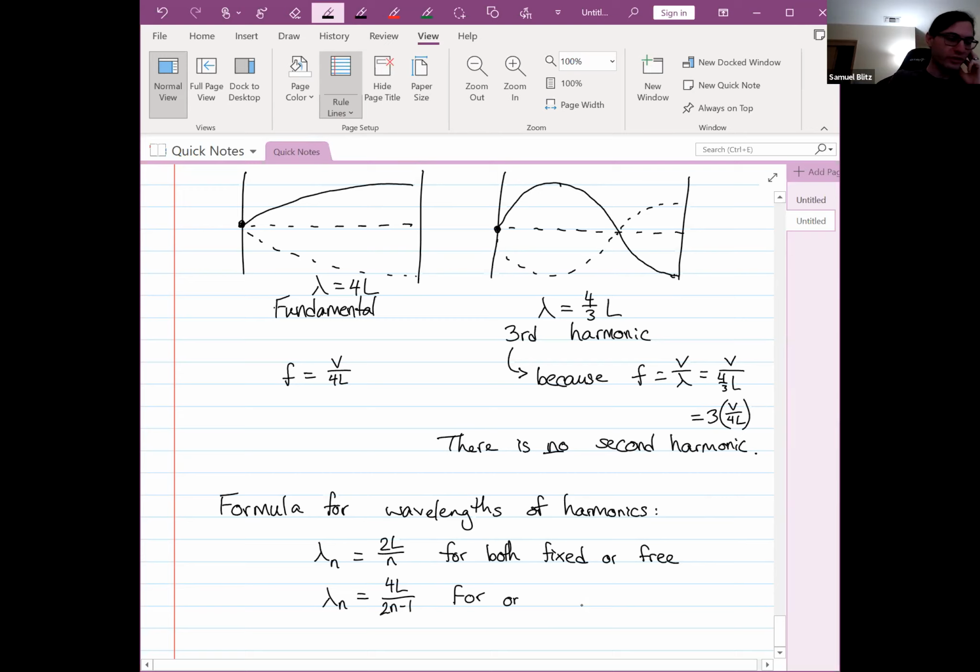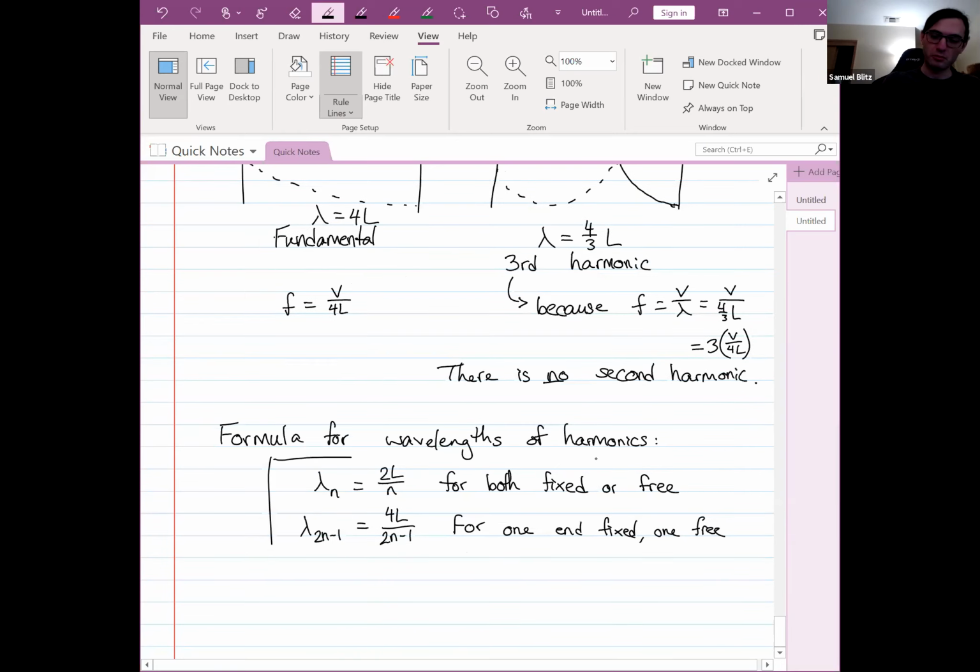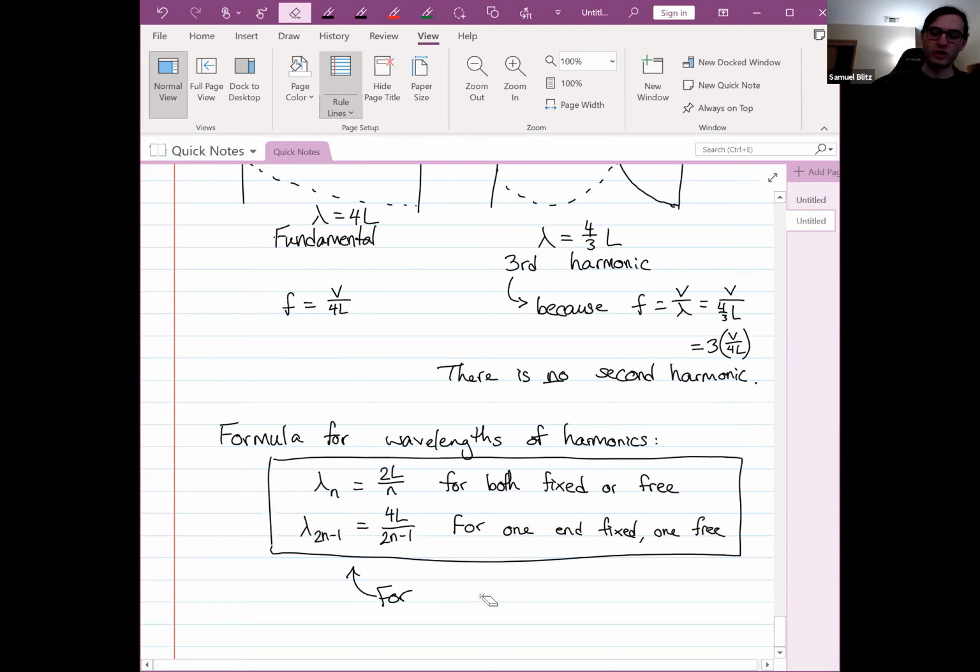So maybe I should actually write lambda 2n minus 1, because there is no lambda 2. Lambda 2 might be the second harmonic, but there is no lambda 2. These are for positive integers n.